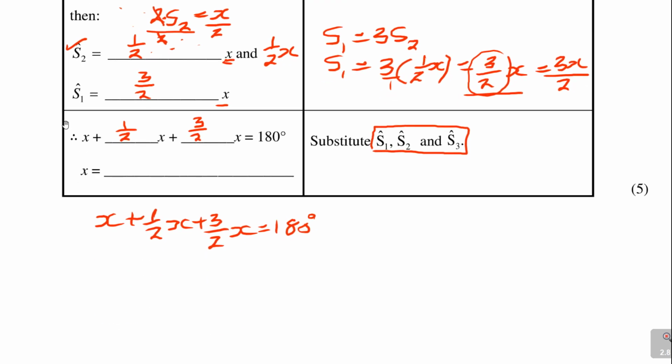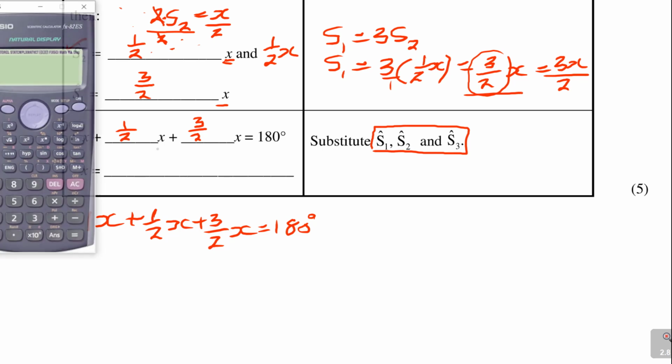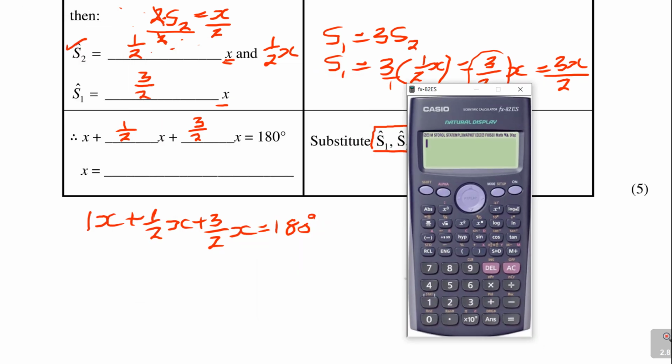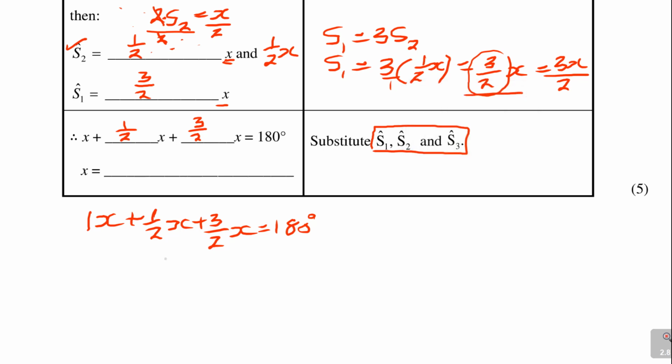All right. And then from there, we are supposed to solve for X. When you are solving, just add these numbers: 1 plus 1 over 2, plus 3 over 2. What's the answer? It is 3. So what we have here is 3x equal to 180 degrees.